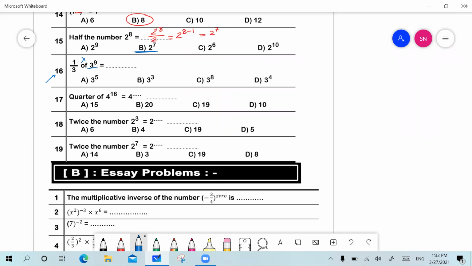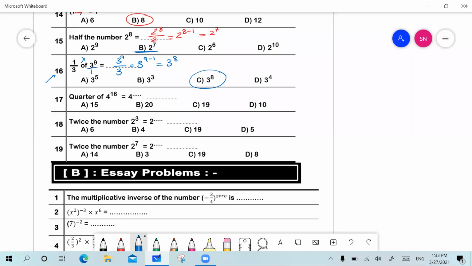I can put the 3 in the form of a fraction if I put 1 under it. So it's going to be 3 to the power of 9 times 1 over 3. It will be 3 to the power of 9 over 3. So it's going to be 3 to the power of 9 minus 1 equals 3 to the power of 8. Exactly. It's the same idea as the half and the quarter.